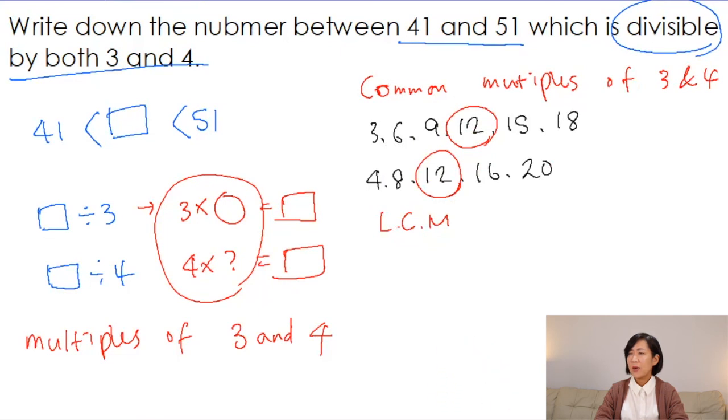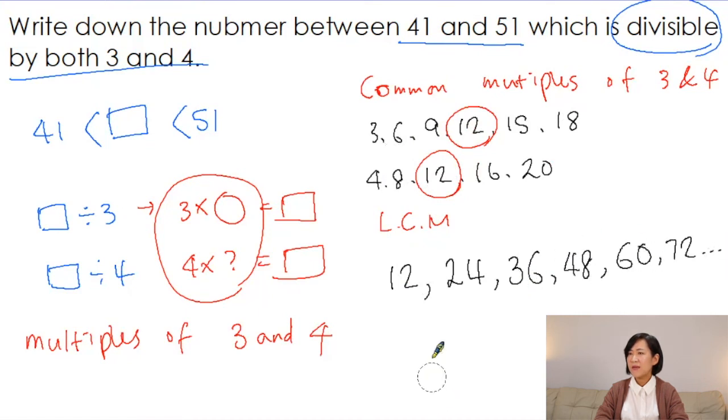Now let's focus on our multiples of 12: 12, 24, 36, until we can see the number between 41 and 51. Then 48, and then 60. We can stop here because we found the number that goes between 41 and 51. That number is 48. So 48 is divisible by 3 and 4.